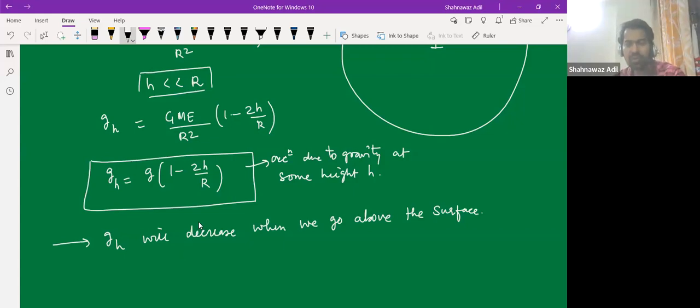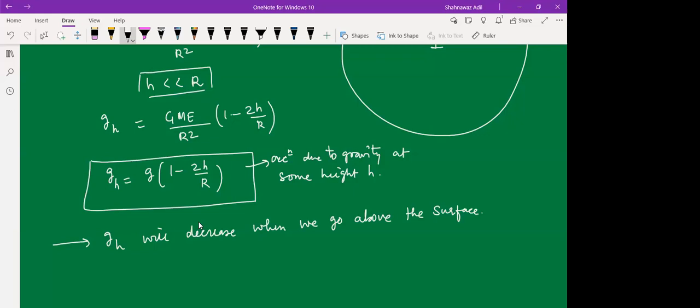If you go above the surface, your gravitational acceleration decreases, which means that the Earth will pull you down with a smaller acceleration. Is that clear?